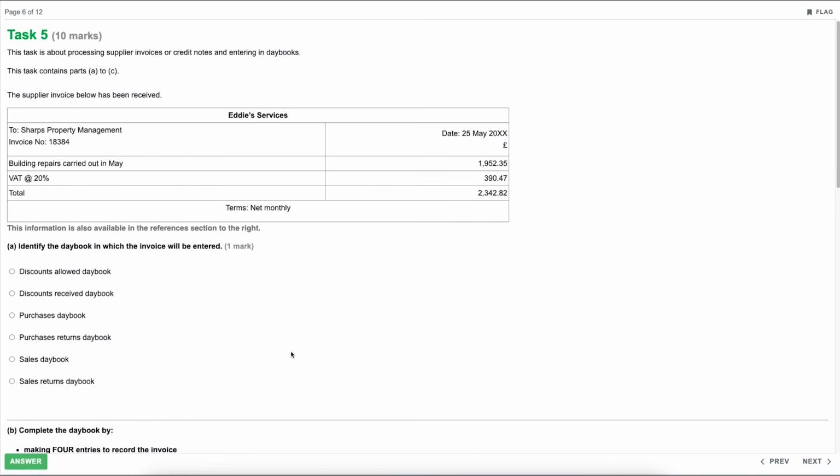So in terms of which daybook the invoice will be entered into, well, it would go into our purchases daybook. Obviously, if we had sold this particular item, then it would go into our sales daybook. But considering this as purchases, we're dealing with a supplier who we've bought goods from, it would be the purchases daybook. Okay, starting off not too bad.